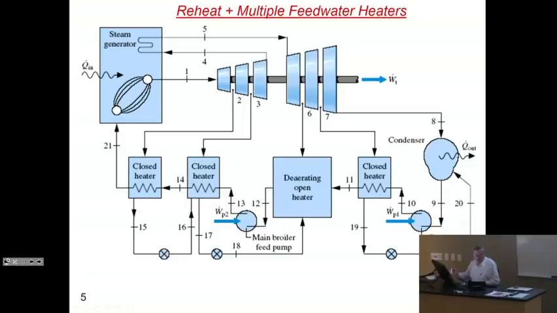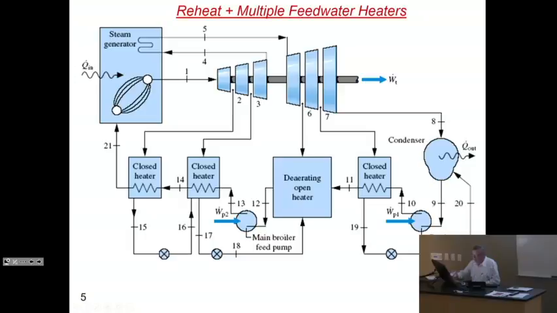The other thing you notice is that you use closed feed water heaters as much as you can ahead of the open feed water heaters. Because these pressures, P2 equals P15, but it's different from P14 and P21, that gives you flexibility as to what you're going to be doing with the water in 15.